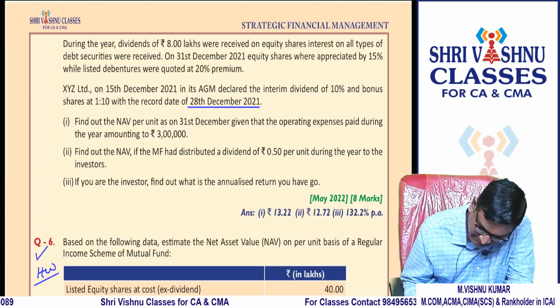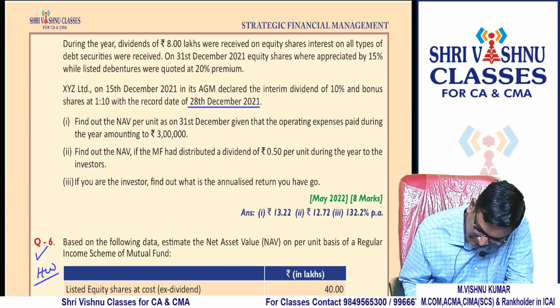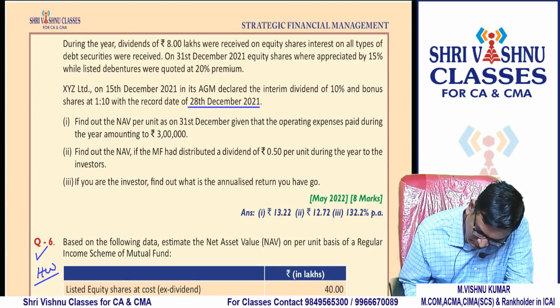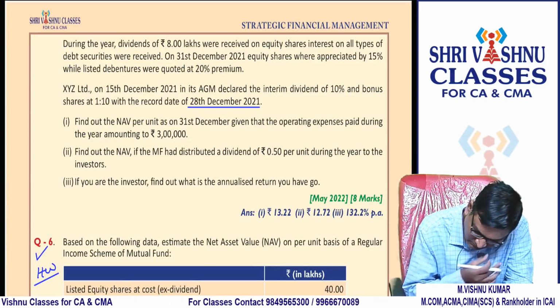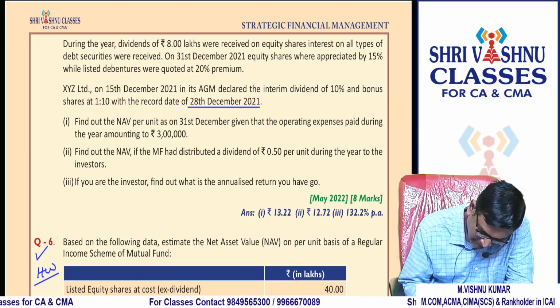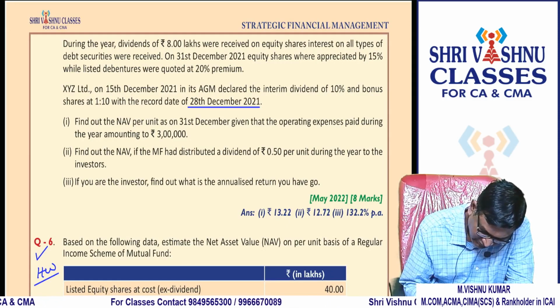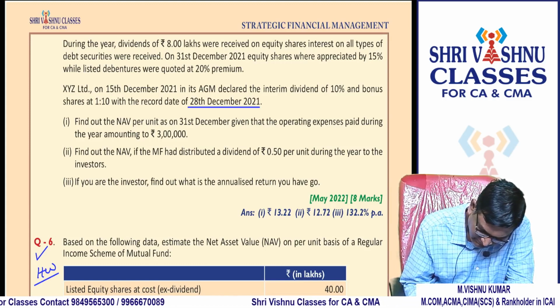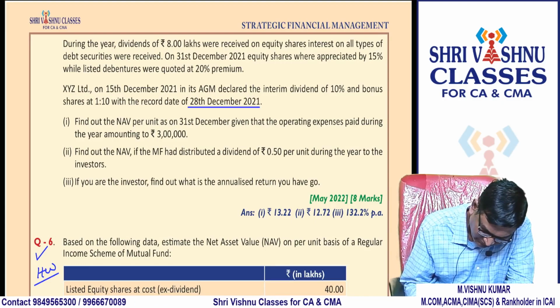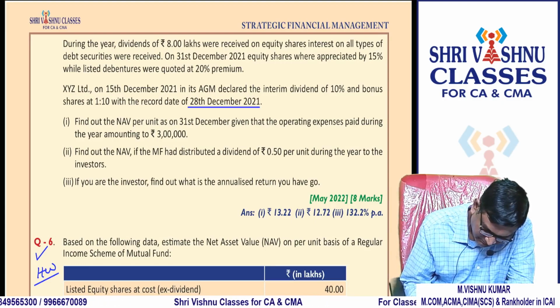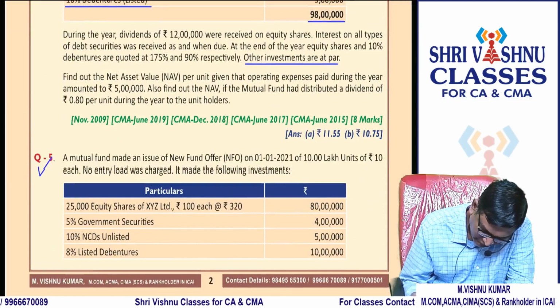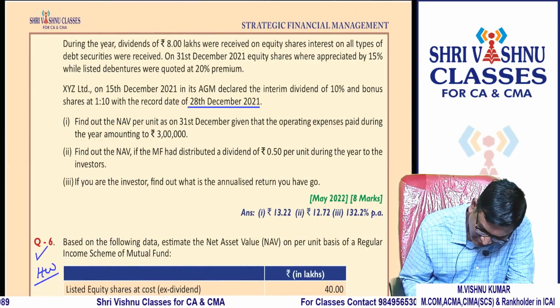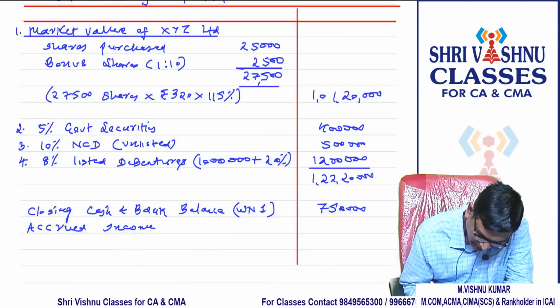XYZ Limited on 15th December 2021 in its annual general meeting declared interim dividend of 10% and bonus shares 1:1. So 10 rupees income also, accrued income.